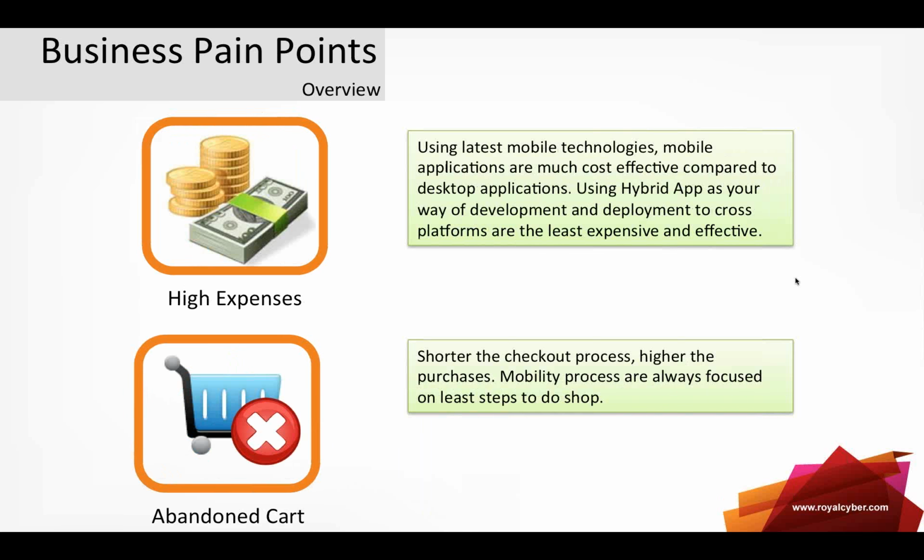High expenses. This is a key thing. In one discovery that we did with one of our larger customers, we found very quickly that they wanted to bring up the mobile strategy with less cost than they thought it would be, and also in less duration.